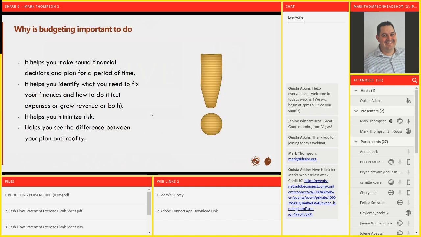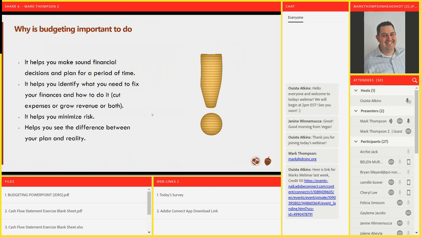So what can you do with your budget? I think a lot of us know that budgeting is important, it's a good thing to do, but why might you make a budget? One reason is it allows you to make sound financial decisions. It allows you to plan. We're making sure we're not running out of money, and that when we have money coming in, we know what we're going to do with it.